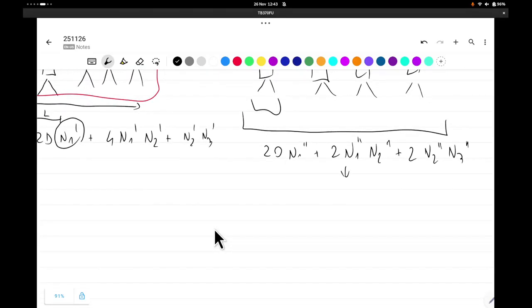If I go back to the original network, it would be 8D N1 plus 4 N1 N2, with the factor 2 here.